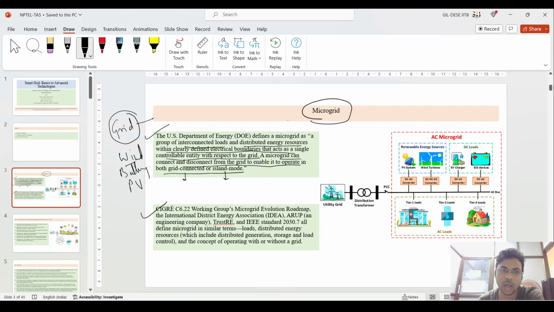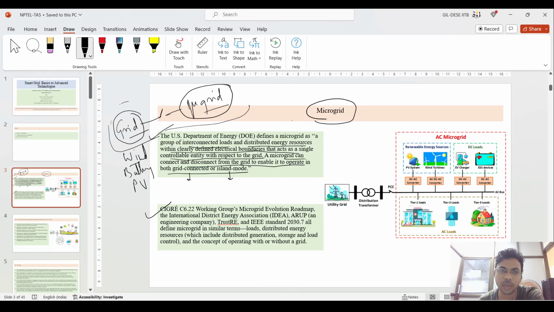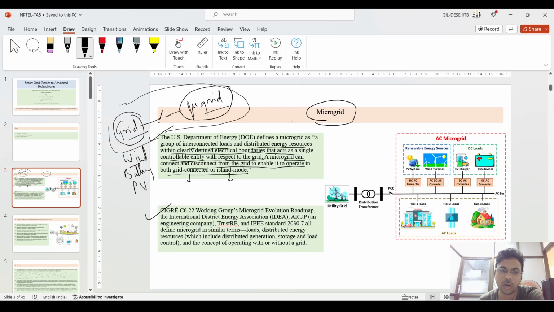The grid, which is the conventional entity, can be connected to this microgrid using a point of common coupling, which can be a circuit breaker or anything, which connects between our grid and this microgrid generation system. And it is also within electrical boundaries. It should not be connected at a far location.